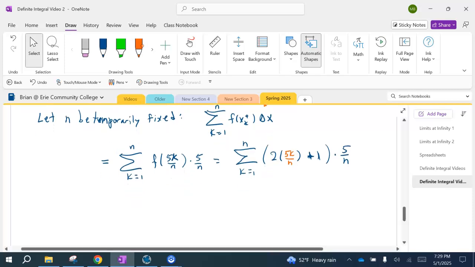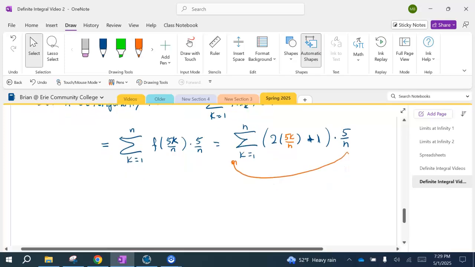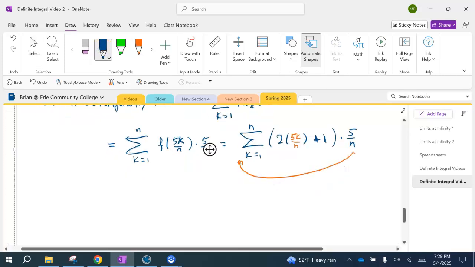All right, now one thing we can do to simplify our life a little bit here is we're summing this up from k equals 1 to n. This 5 over n, again, since n is fixed, that's a fixed factor. We can take that factor outside of the summation sign. So let's make sure we do that in the next step here.